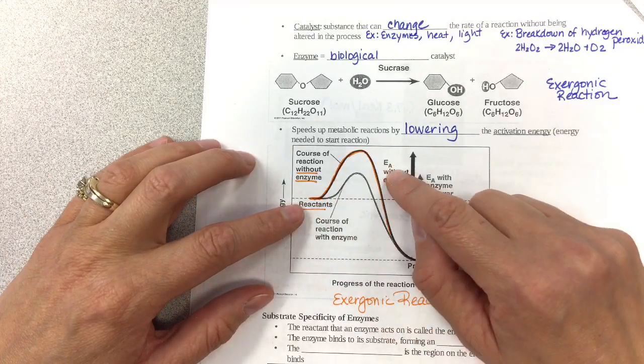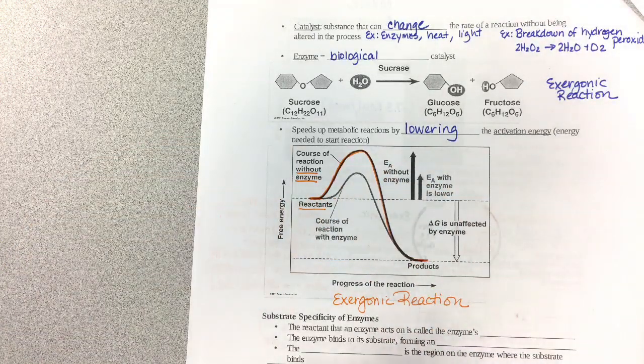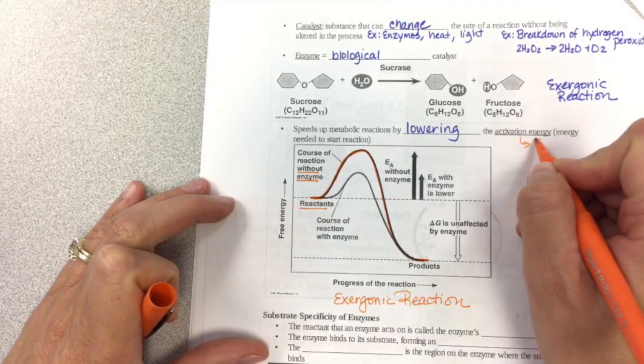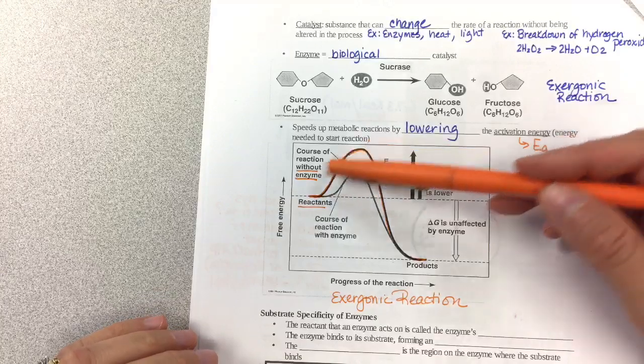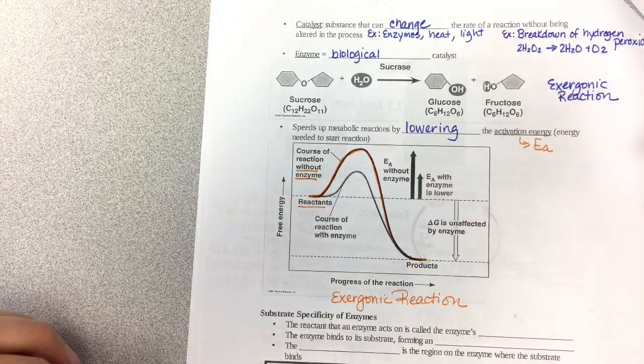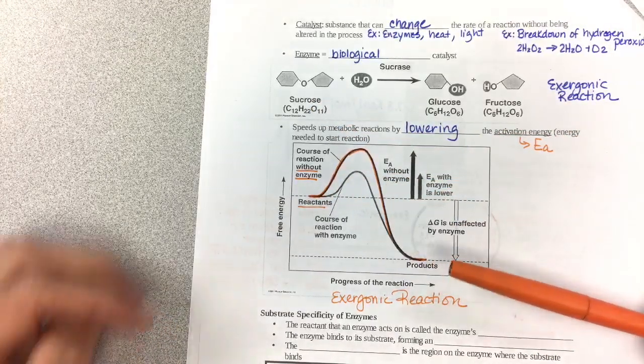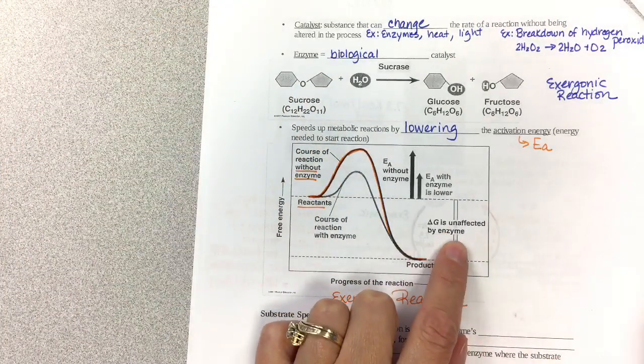So E sub A refers to the activation energy. So this is E sub A whenever we see that. That's the activation energy. So you can see that there's activation energy needed to break the sucrose down and be converted to product. But notice here it says delta G is unaffected by the enzyme.